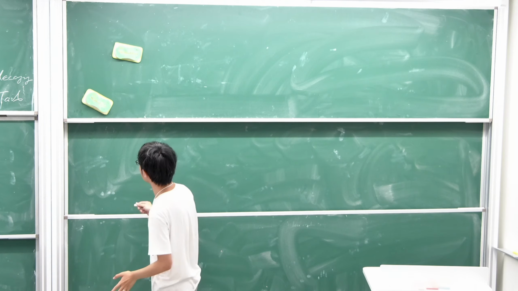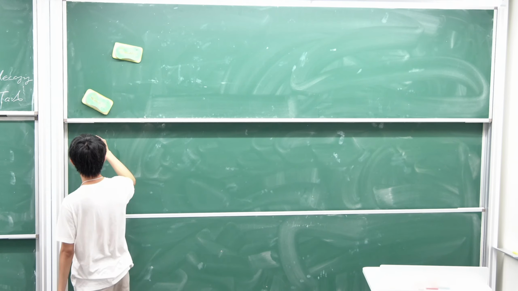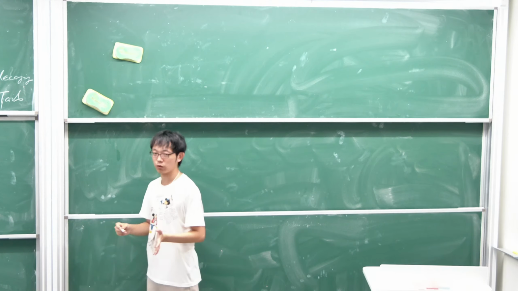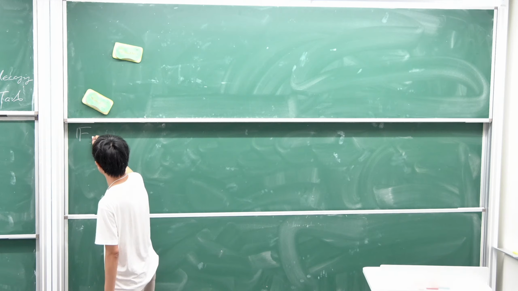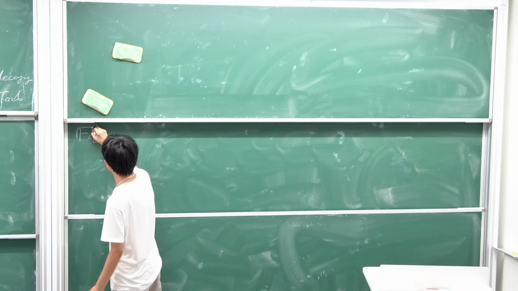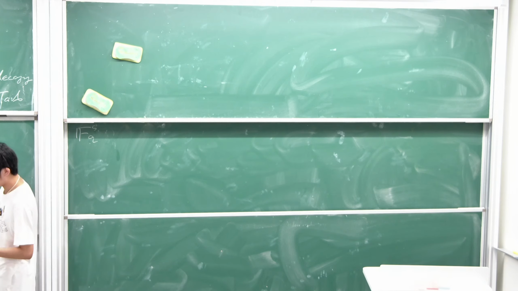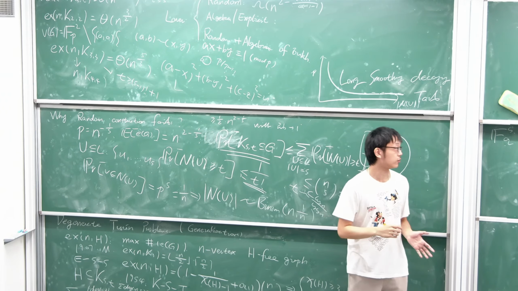In the random algebraic method, the graph is based on some algebraic objects. Usually we work in a higher dimension over a finite field.